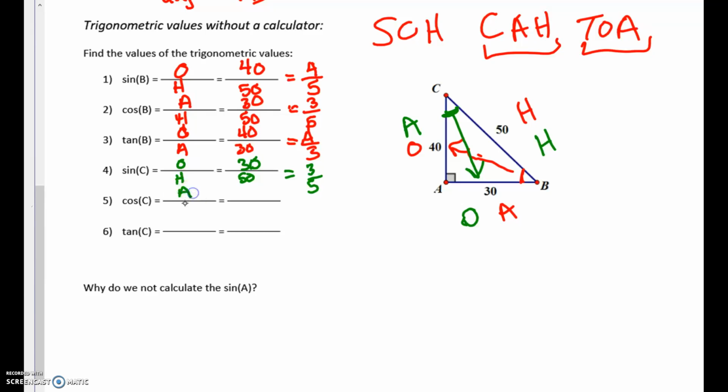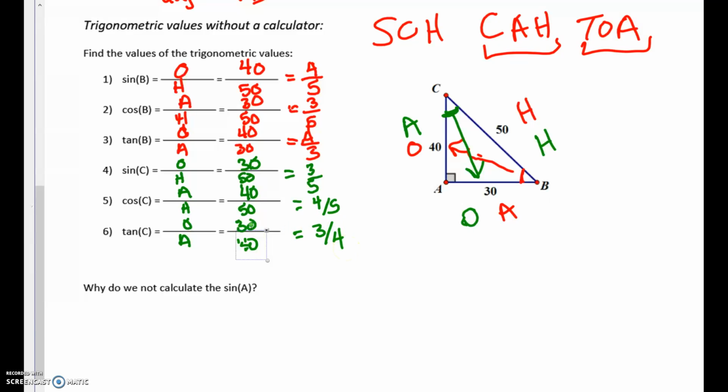Cosine is adjacent over hypotenuse. Well, adjacent over hypotenuse now is 40 divided by 50, which equals 4/5. And tangent is opposite over adjacent, O over A, and that's 30 over 40, which is 3/4.